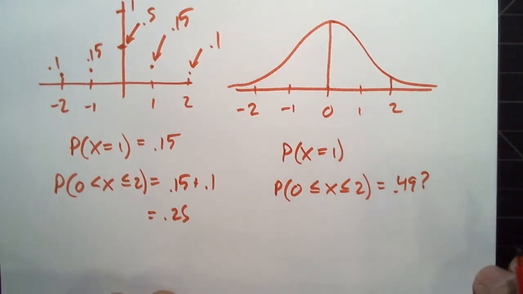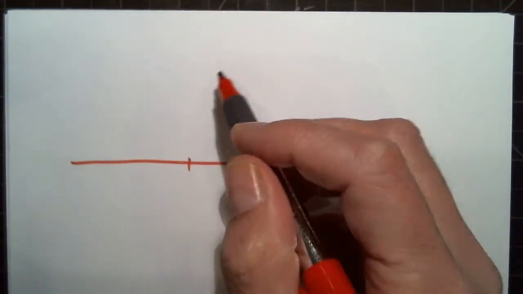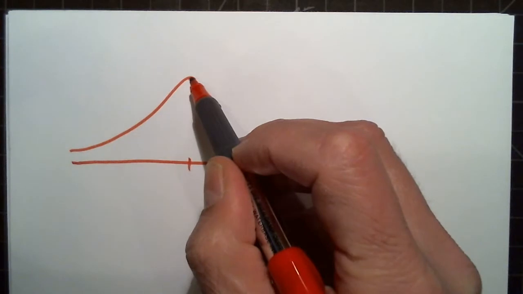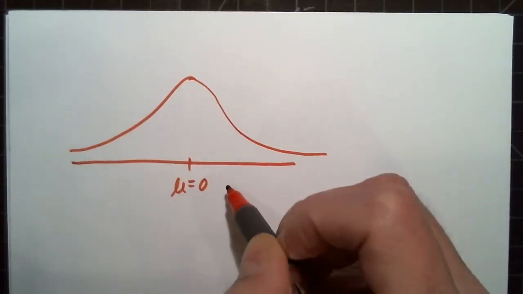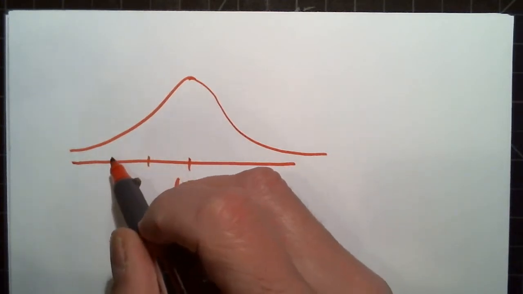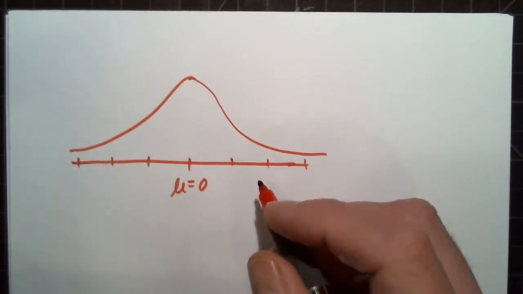But let's look at some more information about the areas and the normal distribution, and that's going to be using the empirical rule. So we have the mean is 0, and then we're going to go out multiples of the standard deviation.